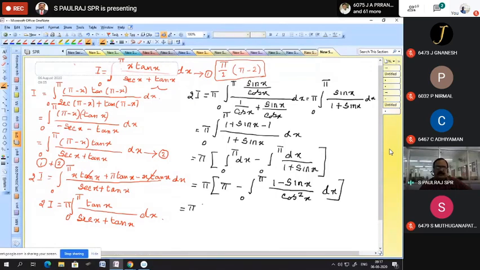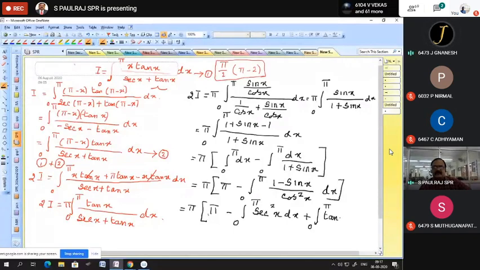Equal to pi into bracket open pi minus integral 0 to pi of secant square x minus tan x into secant x. Plus or minus, if you say it wrong, marks will be lost. Sin x by cos x equal to tan x, 1 by cos x equal to secant x, into dx.